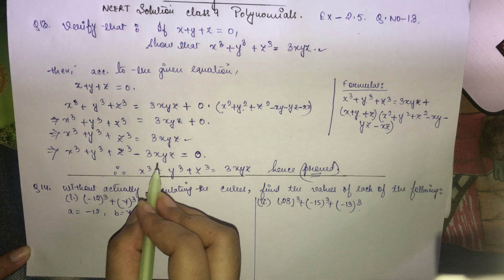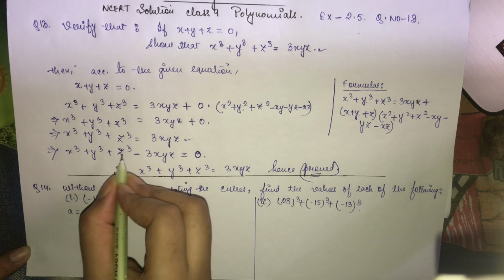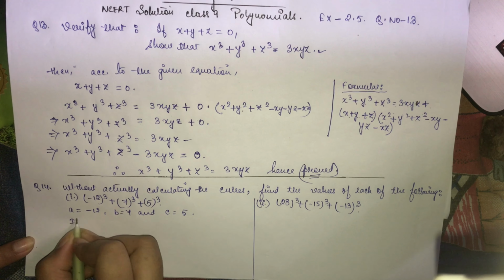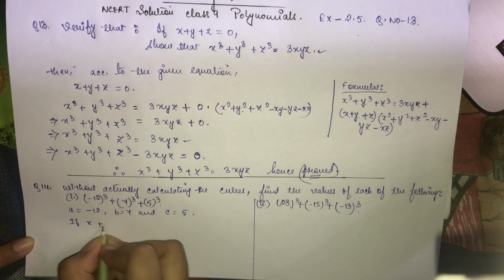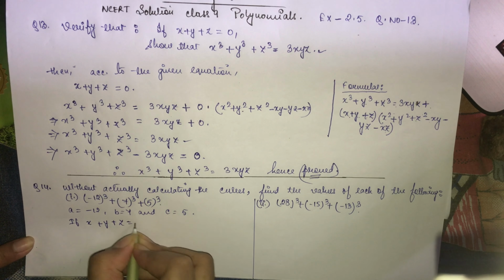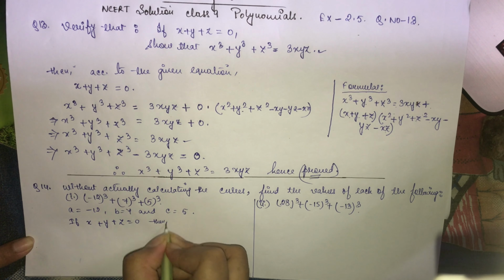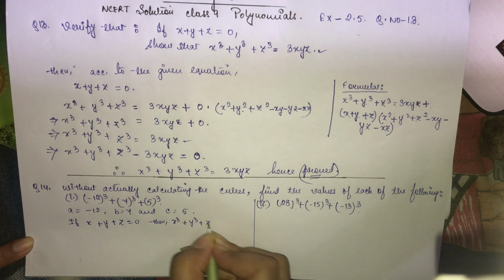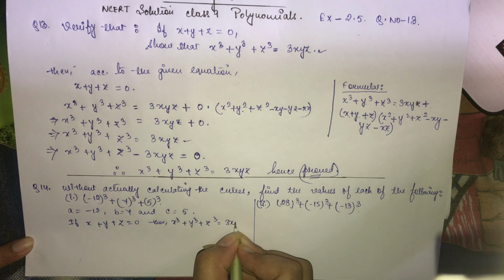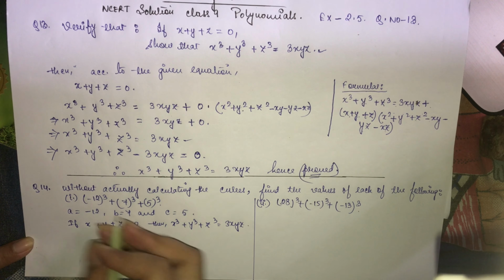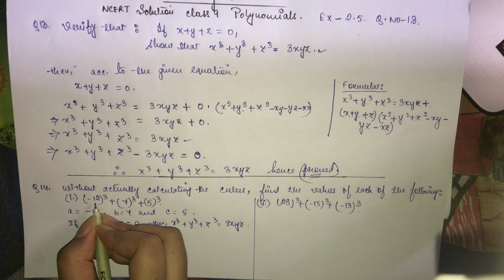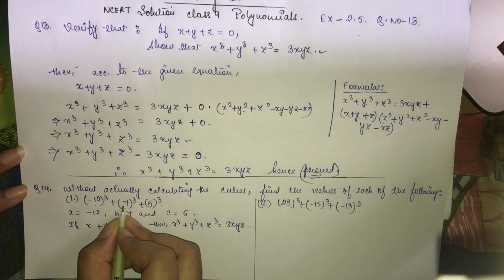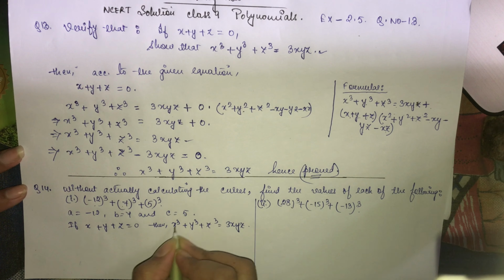From the previous sum, we already know that if x plus y plus z equals 0, then x cube plus y cube plus z cube equals 3xyz. Why will I use this formula? Because this is in the form of x cube, y cube, z cube, so I have taken this formula.